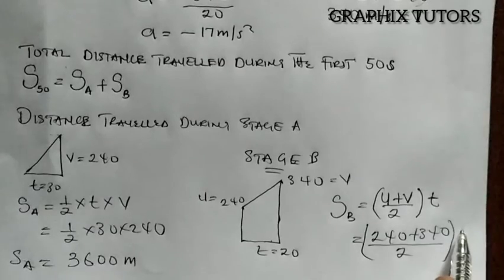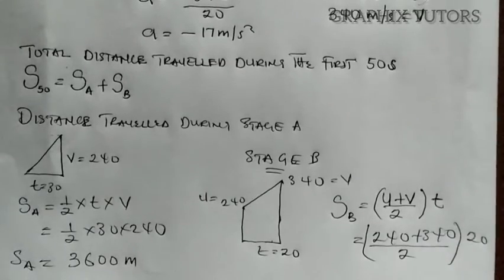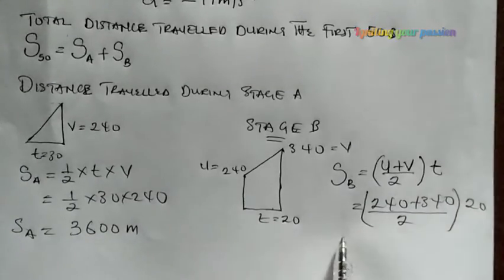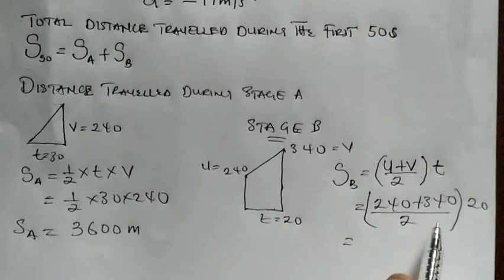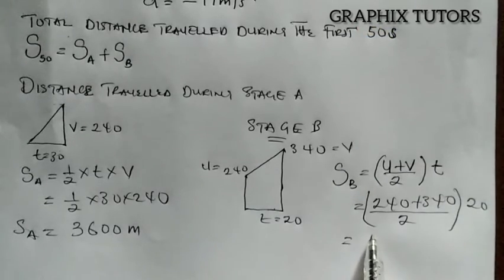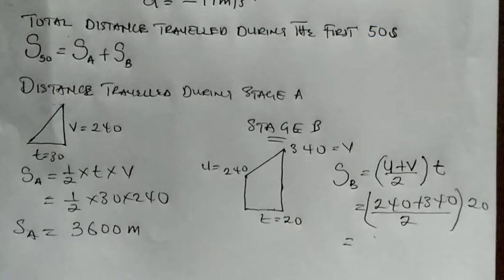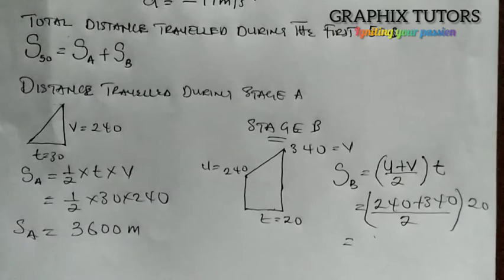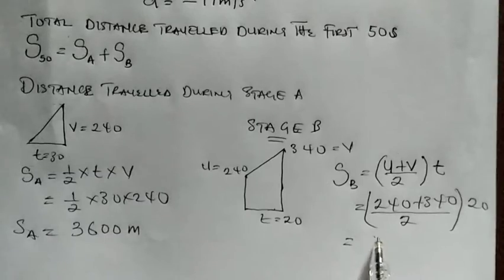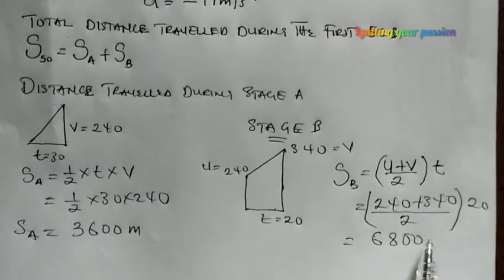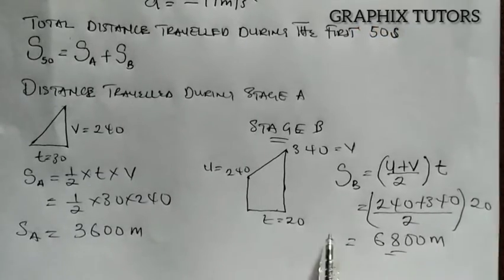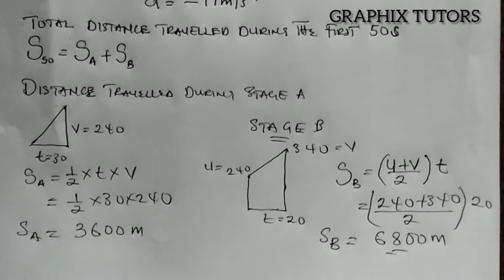Multiplied by time, which is what? 20. So from here we will say that 240 plus 340 is 780, no, that would be 680. 680 multiplied by 20 divided by 2 give us 6,800 meters. Alright, that is the distance covered at stage B.